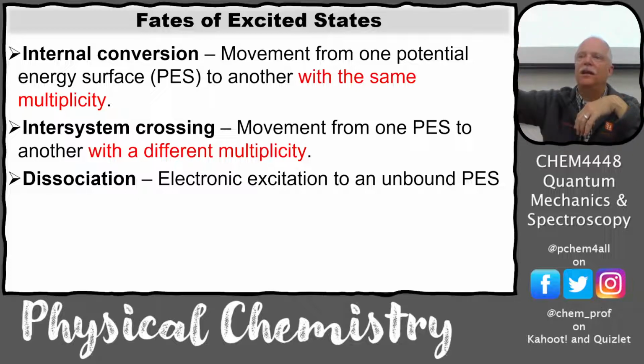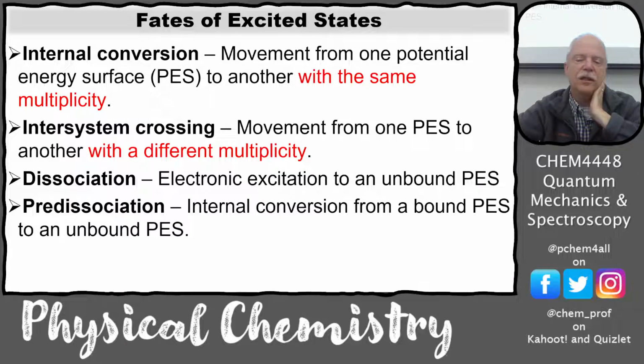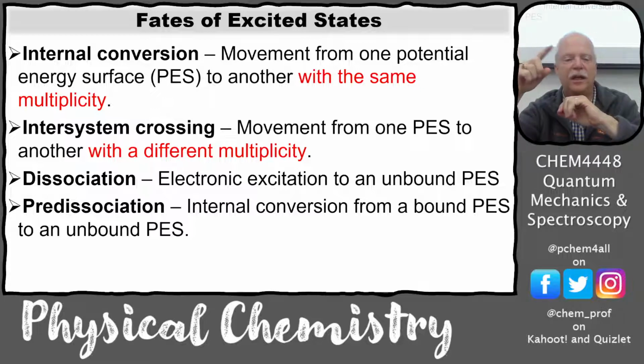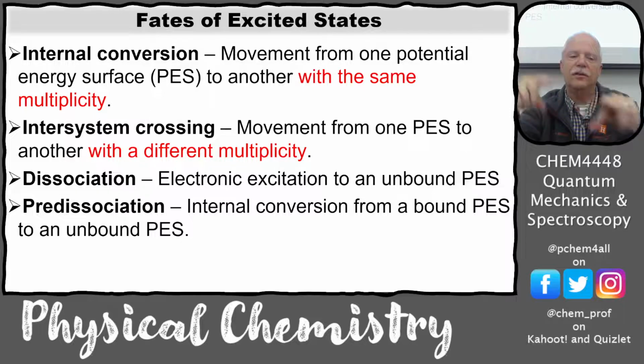It just goes downhill to an atom coming off the molecule. And so whenever you break a bond or whatever, you have dissociation. And then predissociation. This is an internal conversion that goes to an unbound potential energy surface. We'll see pictures of all four of these. So we'll just describe it with pictures in a little bit.